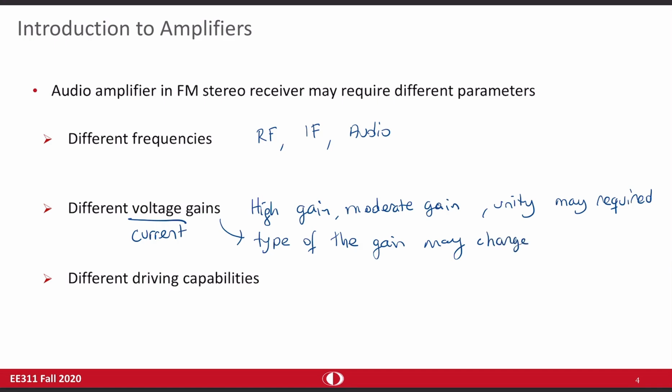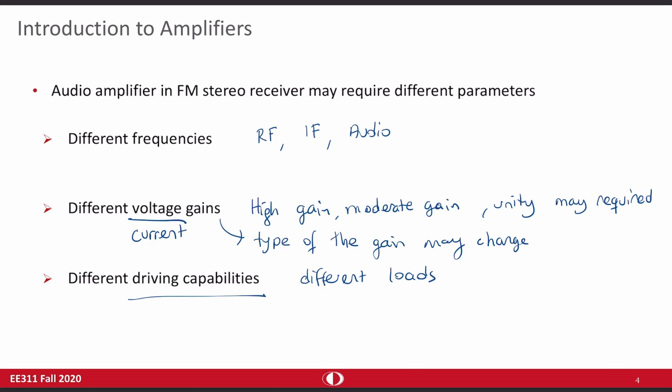And the other thing is different driving capabilities. Each amplifier drives a different load. So the type of the load may change the design. For the audio amplifier, we were driving an 8 ohm speaker, a low impedance load. For the RF amplifier, it was driving a mixer, which has high impedance.